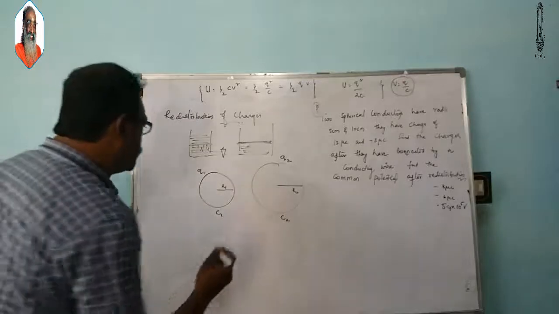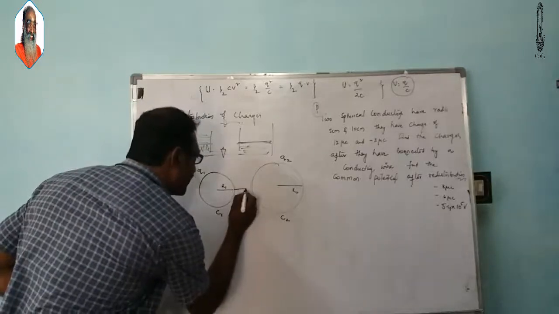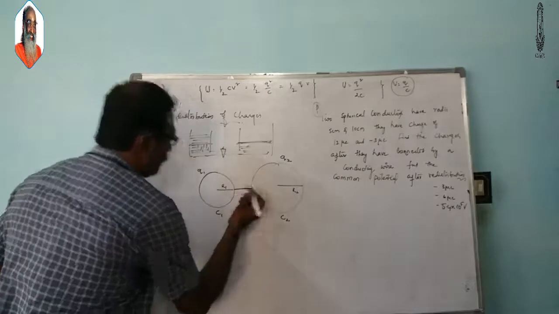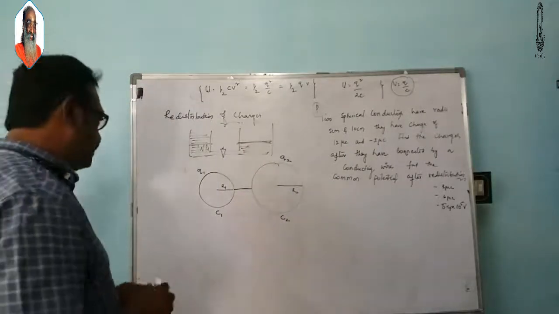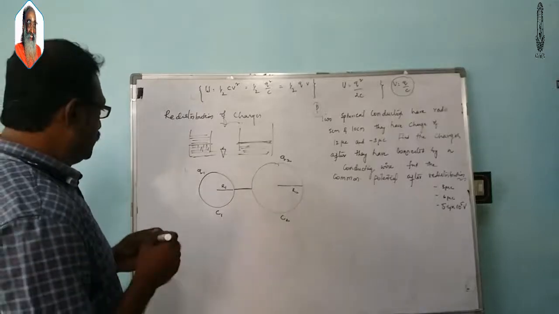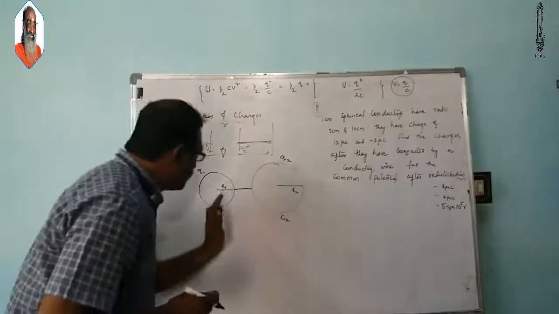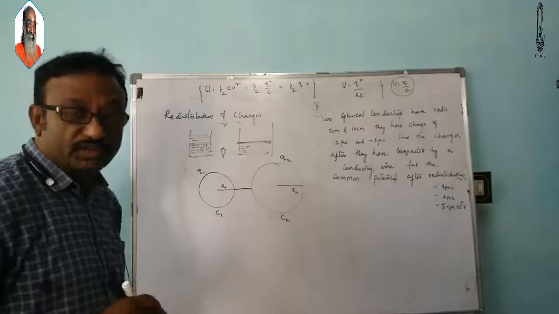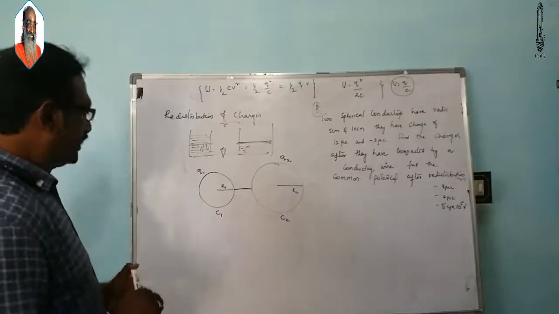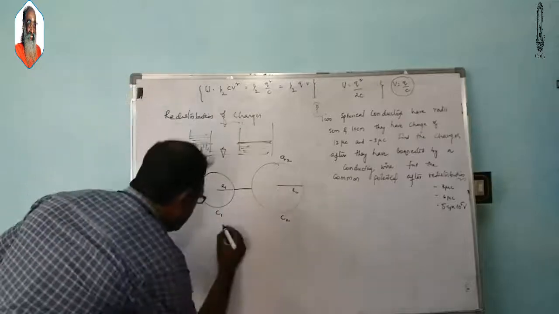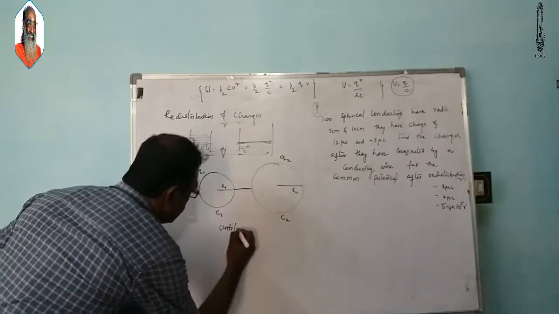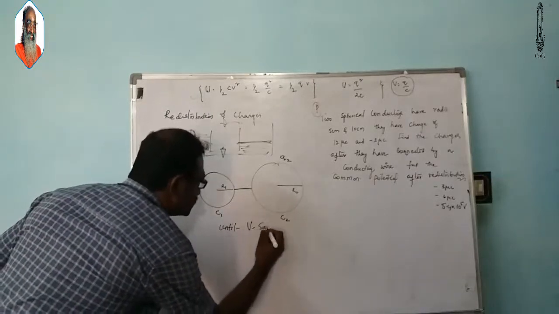Now if these two are connected by means of a conductor, what happens? The redistribution of charges will take place. When the charges are moving during this process, up to what extent will they flow? Until their potentials are the same.